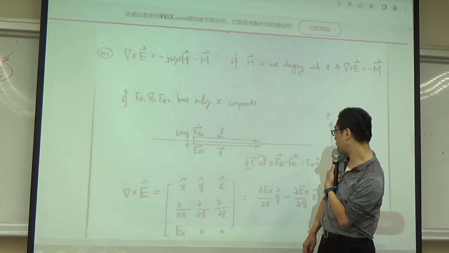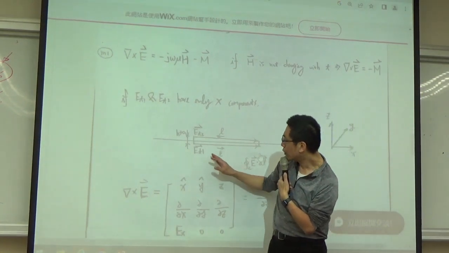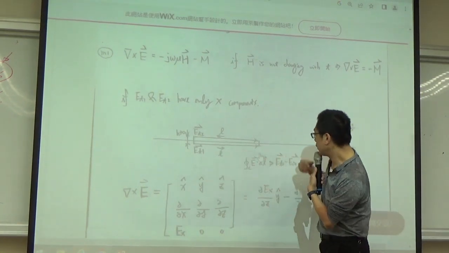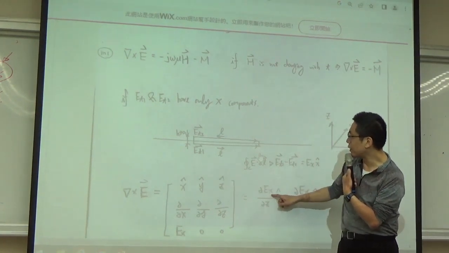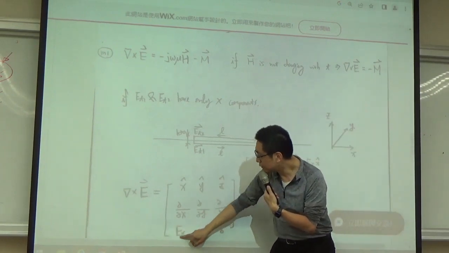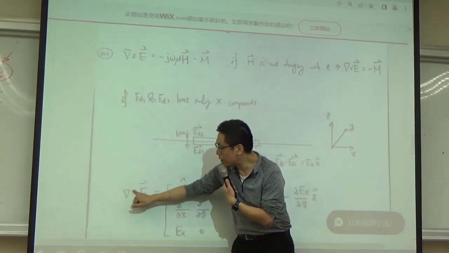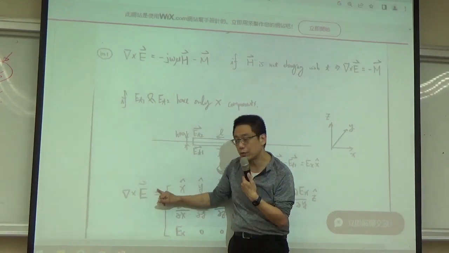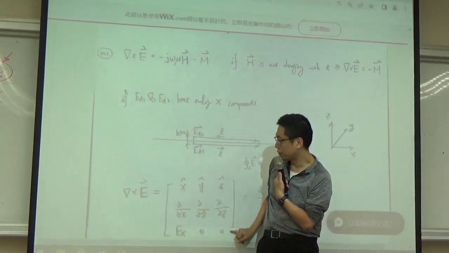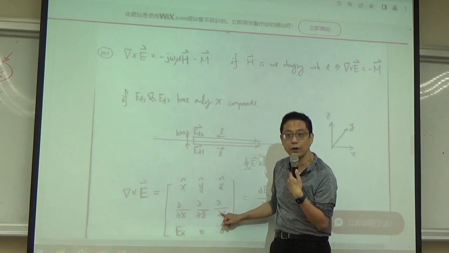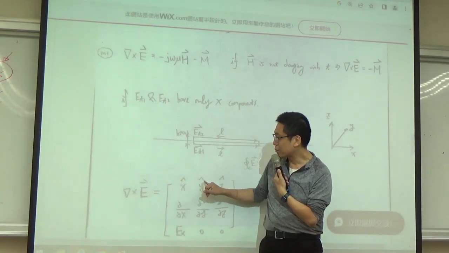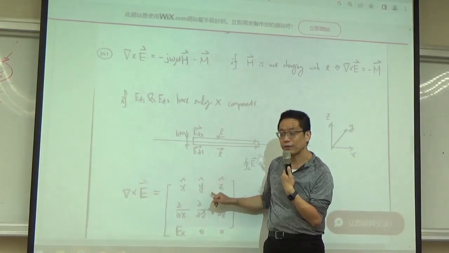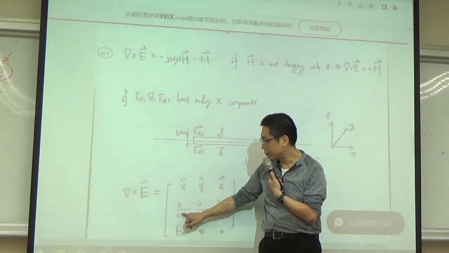And we can write down that the result E is EX. Then you write down your curl E equals, you just write down everything about a curl. I hope you still remember. That's why we need to learn curl in the first week, right? You write down the x, y, z unit vectors and differentiate.